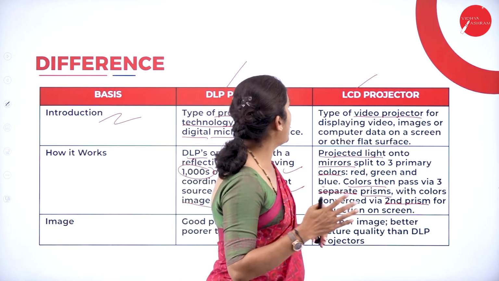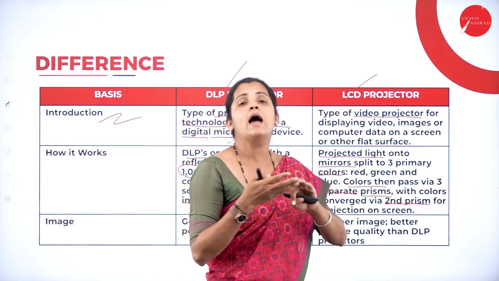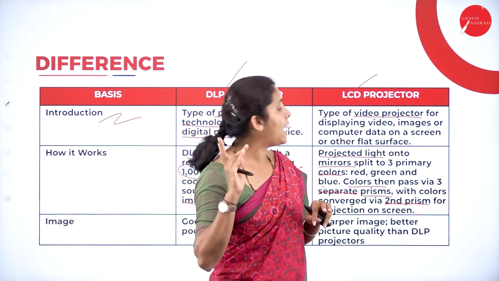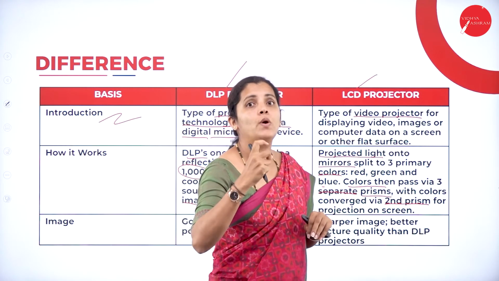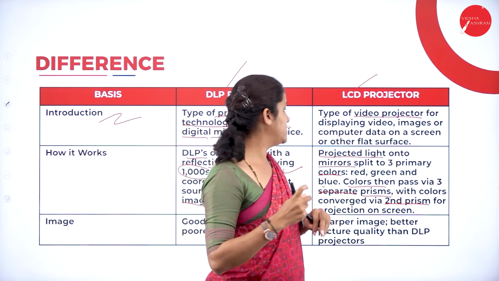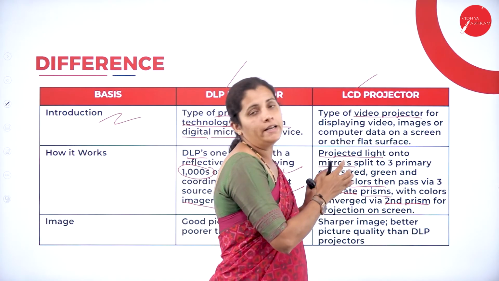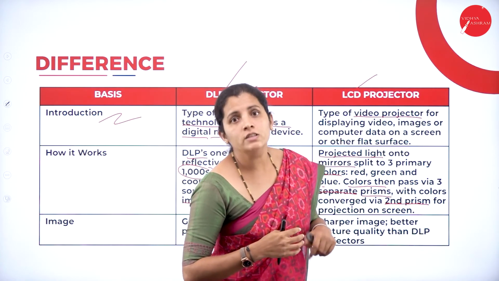I repeat, the projected lights onto a mirror have 3 primary colors, that is red, blue and green. Those colors pass via the 3 prisms and are converted into a second prism for projecting on screen.